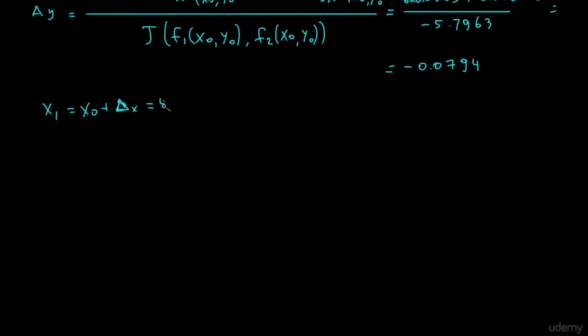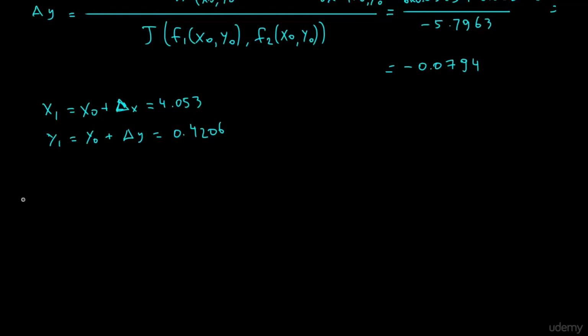So that's going to be equal to 4.053. And then y1, which is defined as y0 plus delta y, is equal to 0.4206.